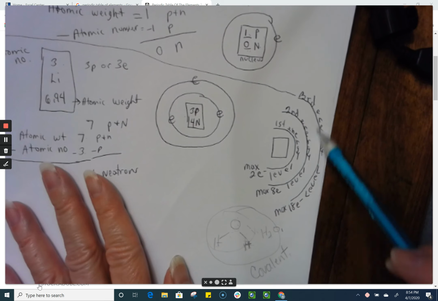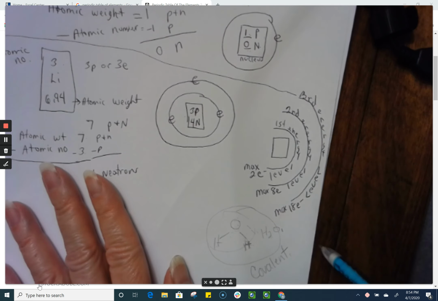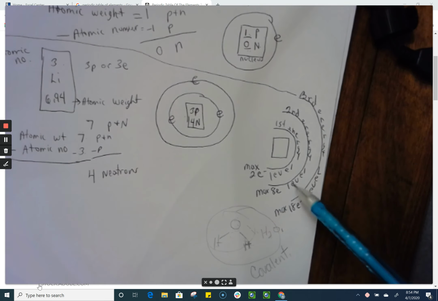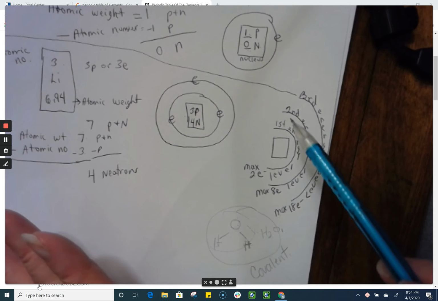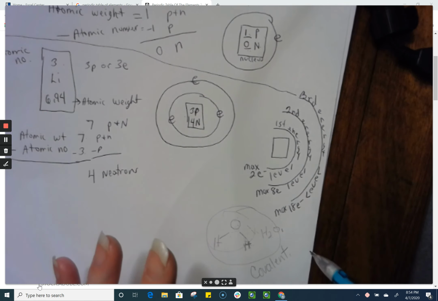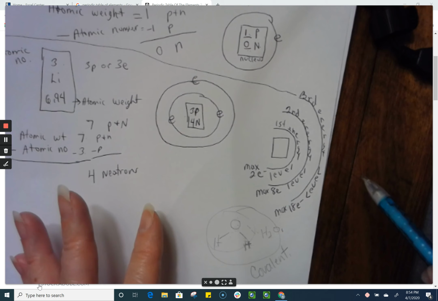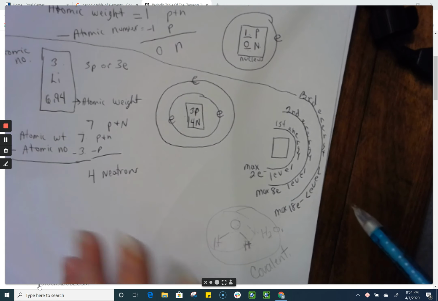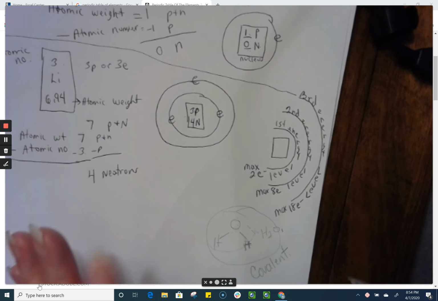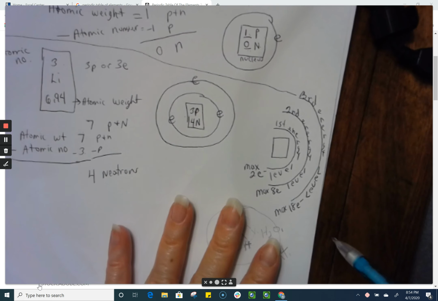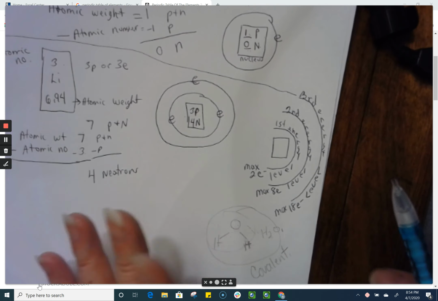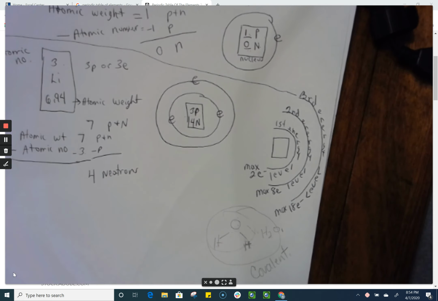They're valence electrons, which are the electrons in the outer energy level. Valence electrons are not anything different than the other electrons. It's just that we call the electrons in the outer energy level by another name, valence electrons. So before we get to covalent bonding, I want to talk about ionic bonding.